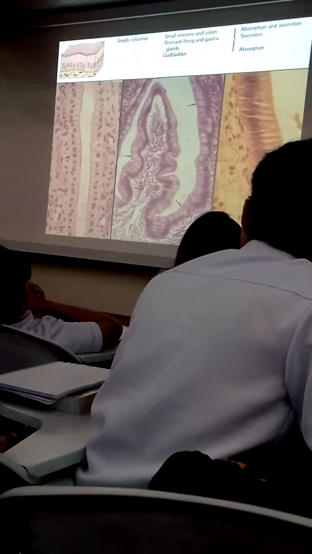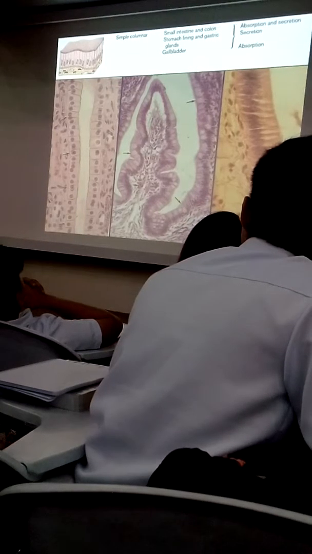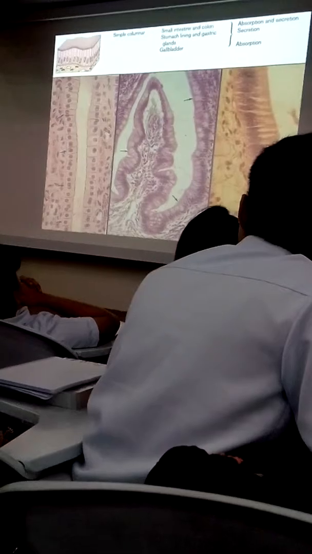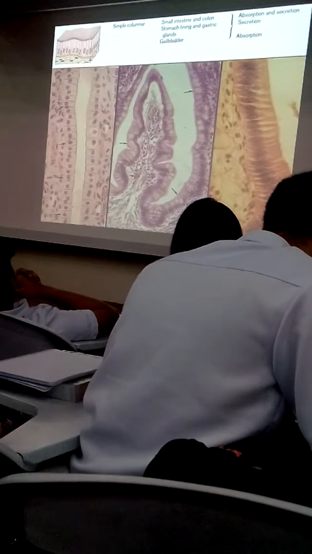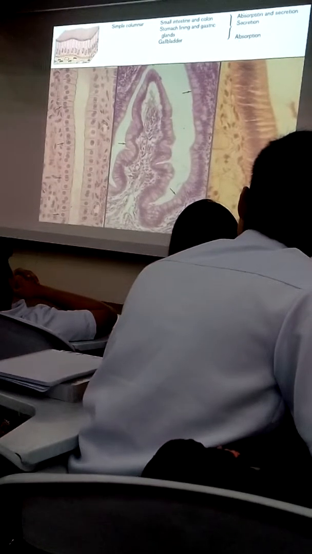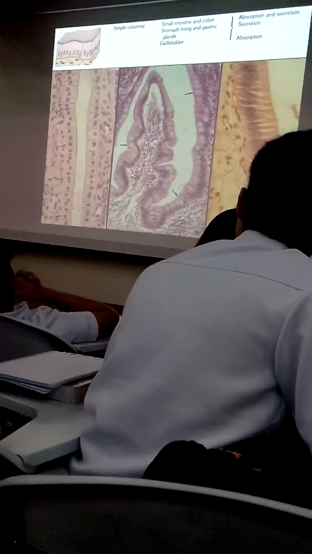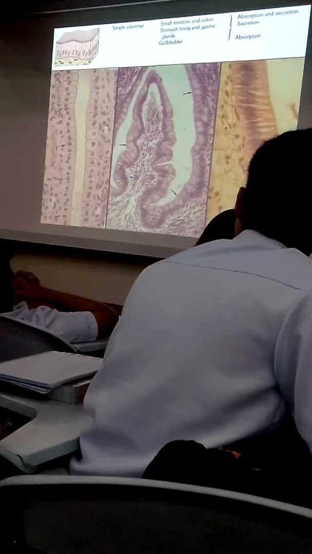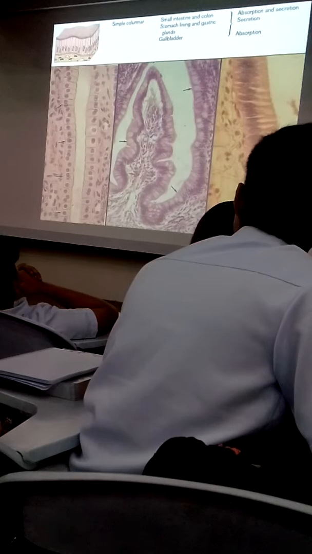I think this is clear. There's only one layer of cells, the nucleus is somewhat oval in shape, and the cells are longer in comparison to their width. If you can see here, the cells are just one layer.